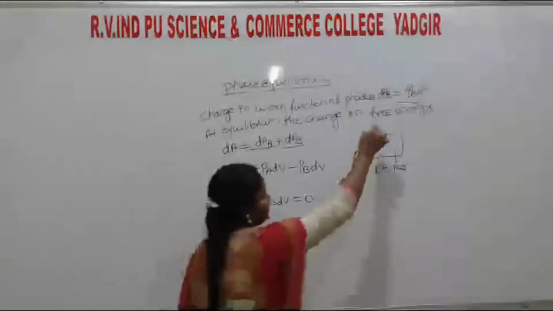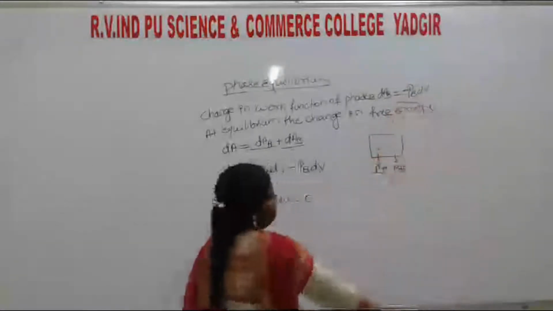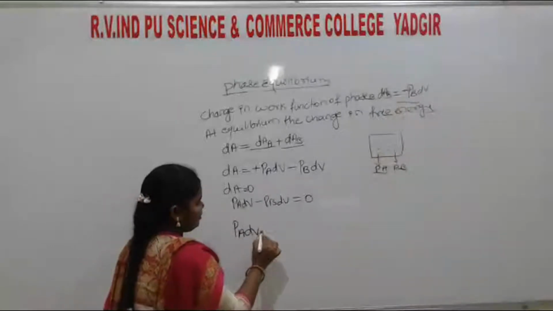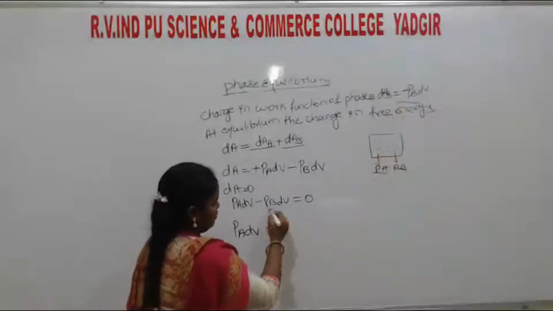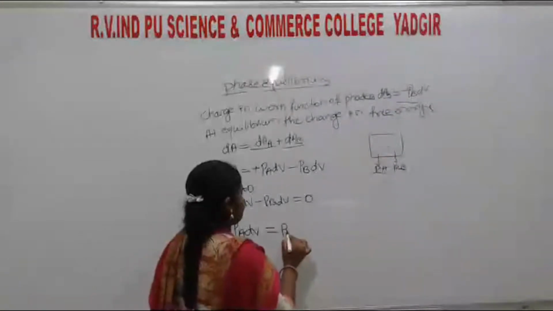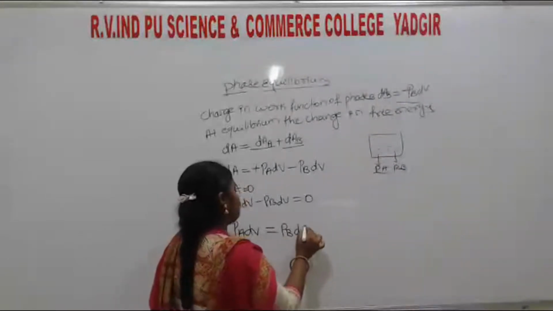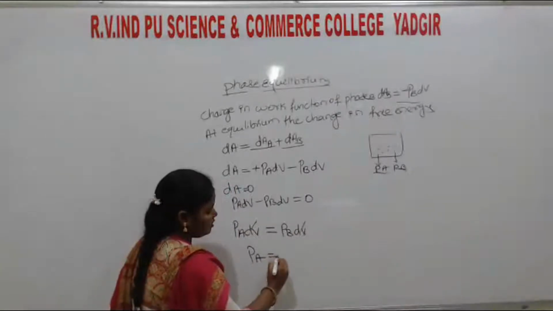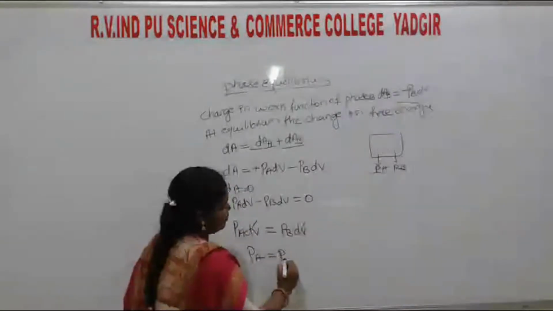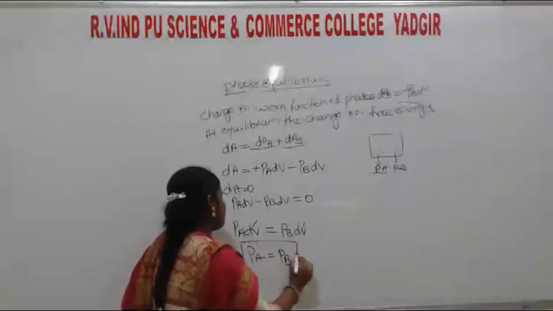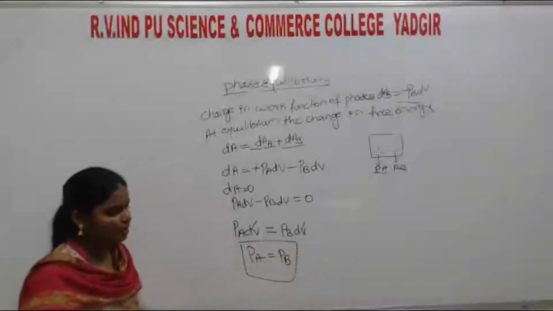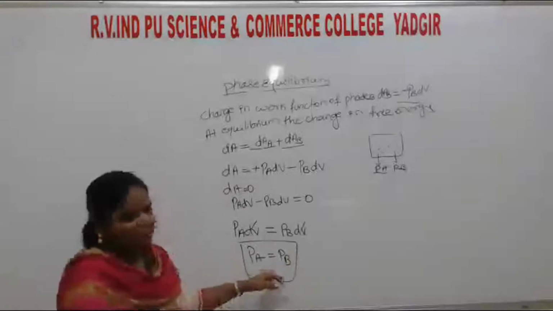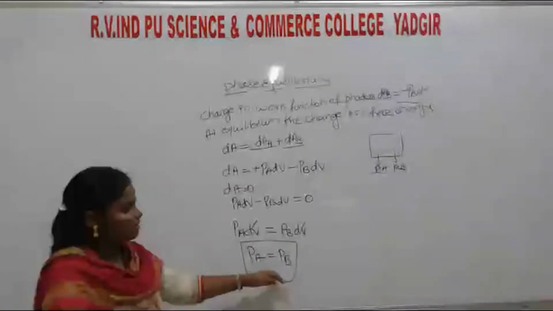Here the negative sign indicates a decrease. PA dV equals PB dV, so finally PA equals PB. The pressure of phase A and the pressure of phase B are the same. In all the phases of the system, the pressure is the same.